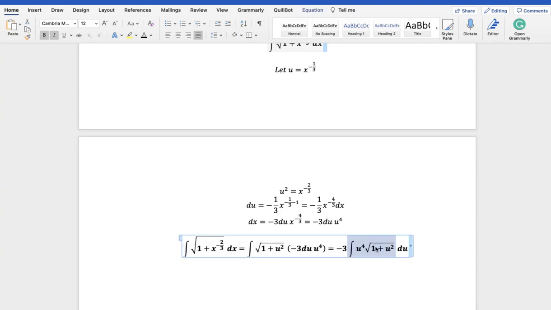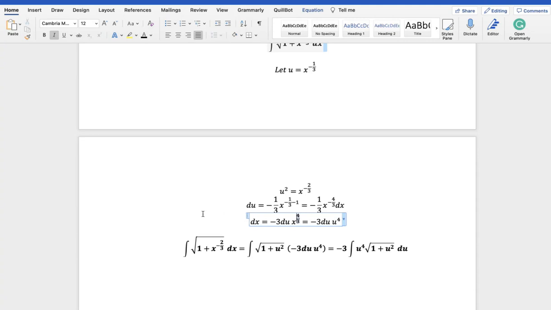Jonathan, you're supposed to divide by that u to the power of 4, from the previous section. It's negative 3 du divided by u to the 4. Oh, okay.